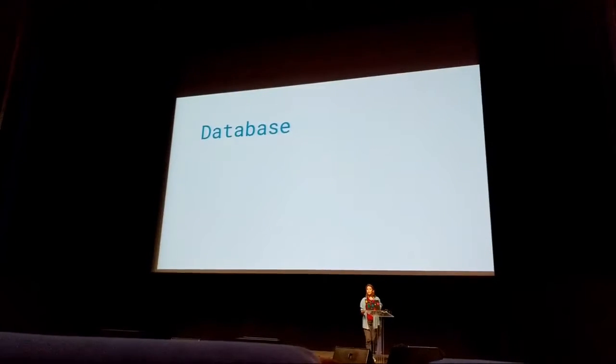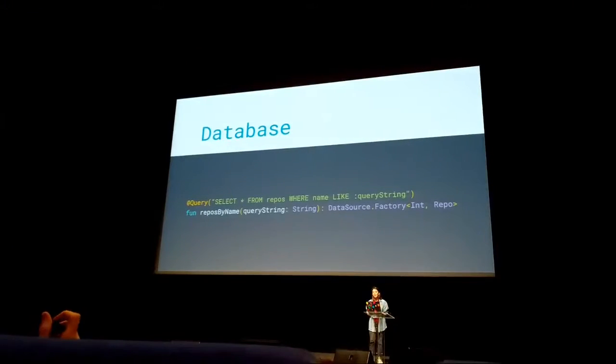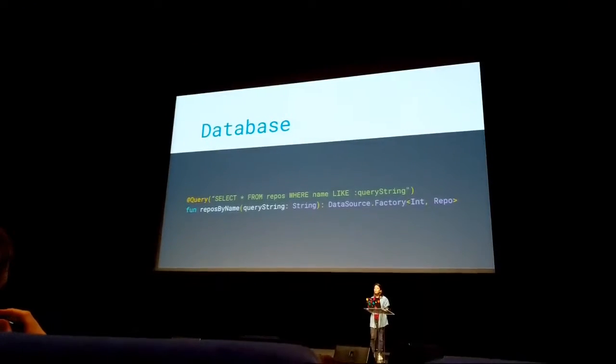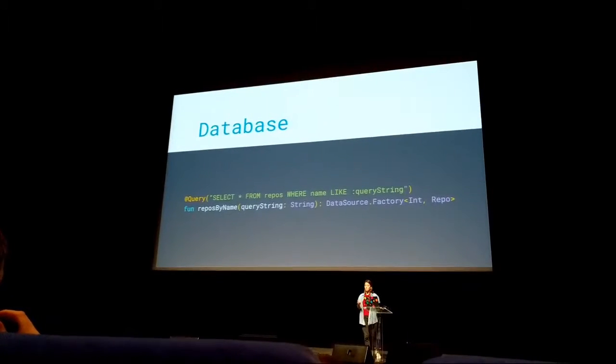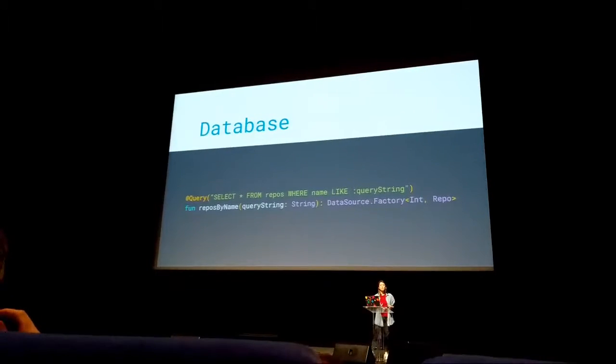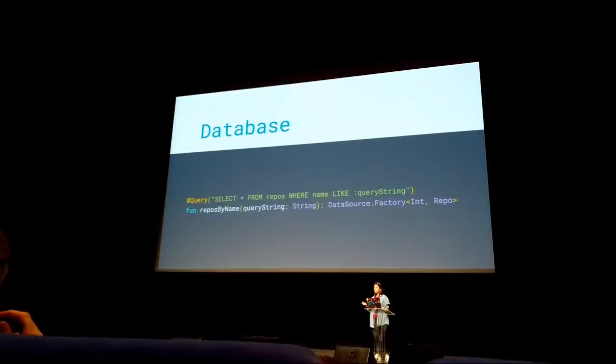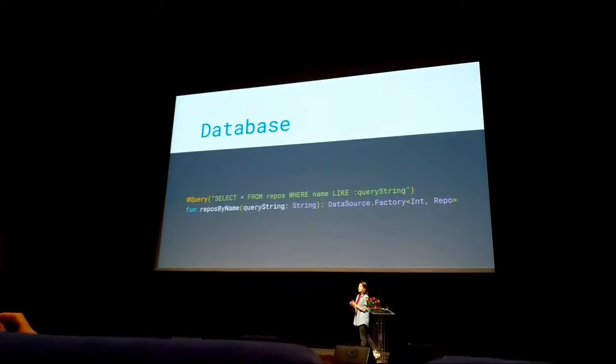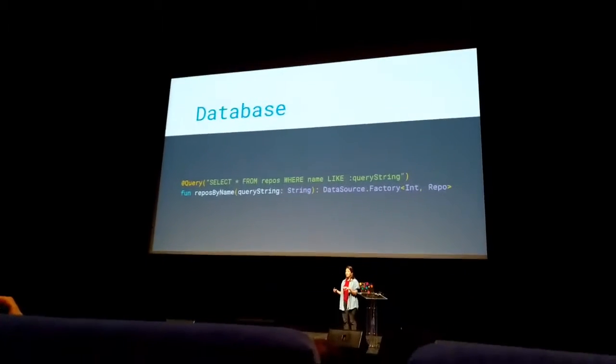The paging library has a close integration with Room. This means that in our DAO, we can also return a data source factory. For example, here we're saying that we want to return all the repos from the database that have a certain name. And we can let Room do all the implementation of the data source and the data source factory for us.